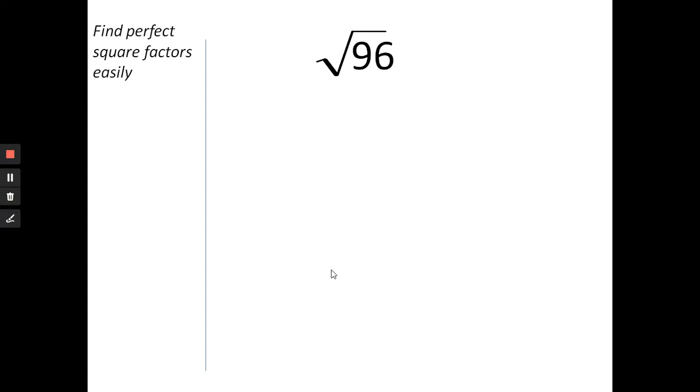But let's say you have a number like 96 and you're not sure if you have a perfect square factor. So this is where the factor tree would be really useful. So let's break it up. Now I would break it up by the simplest number I can think of, and since 96 is an even number, I know for sure it goes into 2.